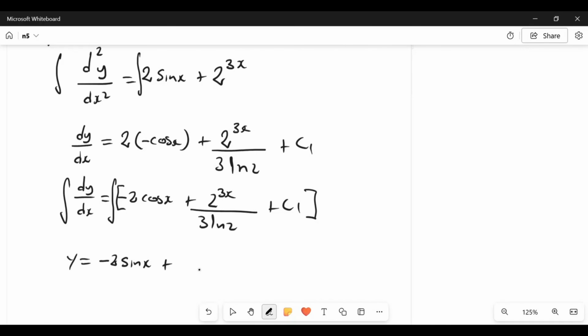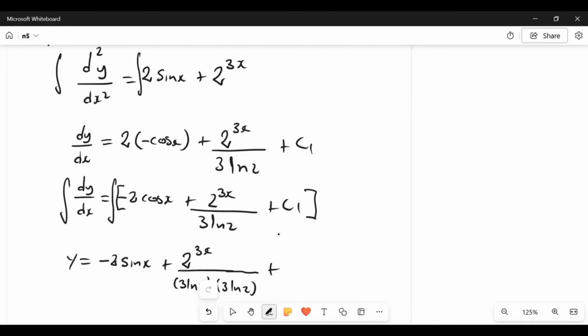And then plus, we have 2 to the power of 3x divided by 3 ln 2 plus c1. So let's do the second term. The second term is going to be 2 to the power of 3x divided by 3 ln 2, and then we have to multiply with another 3 ln 2. Remember, this is the 3 ln 2 from the first integral. Now that we are doing the second integral, it's going to be, again, 3 ln 2 on the denominator.